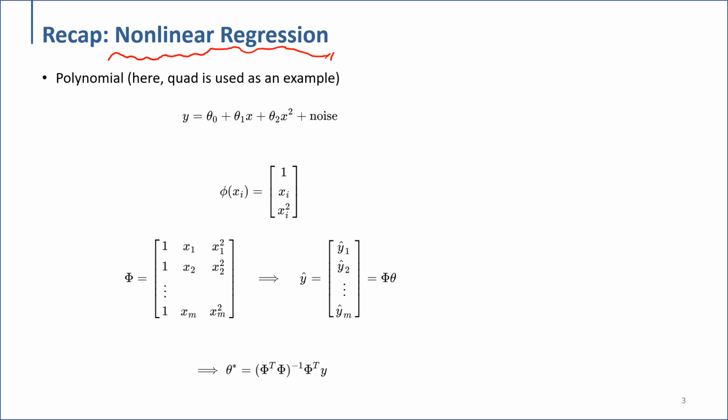We took polynomial regression, a quadratic equation, as an example, where the regression form has nonlinearity. But the idea to convert this nonlinear regression to linear regression is that we construct a nonlinear feature.